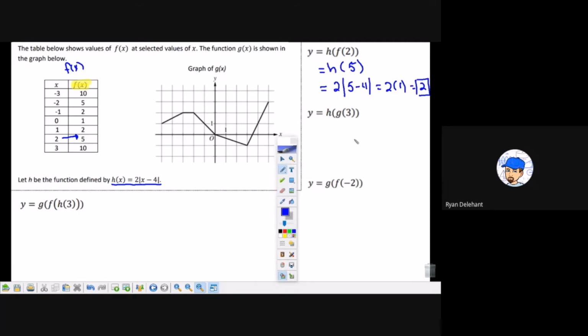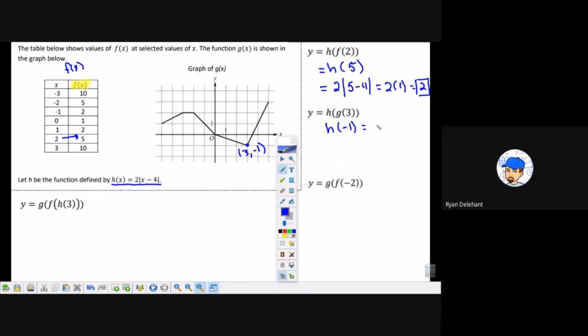Let's do all of these together. So h of g of 3. So g is represented with a graph, but these are still x values. So we're going to come out here to the 3 and go down to our graph to figure out our output, which is -1, because the x value of 3 has an output of -1. So this is h of -1, and h is the equation again.